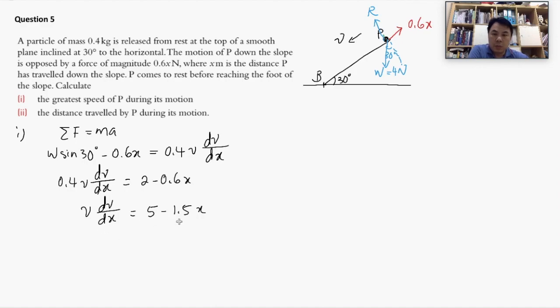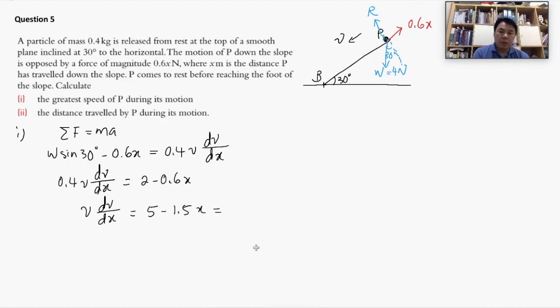As usual, we're going to group this. Maybe it's easier to work in this way. It's easier to factorize this so that we can work with the integration more easily.